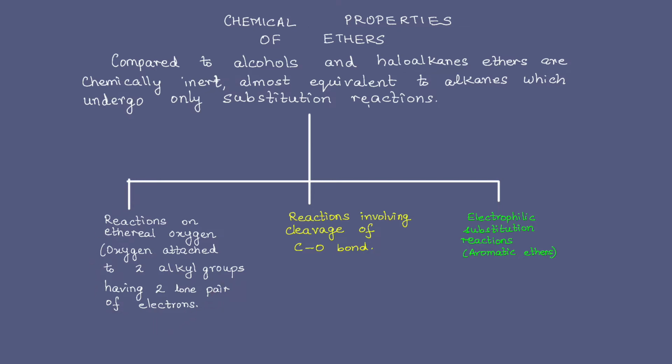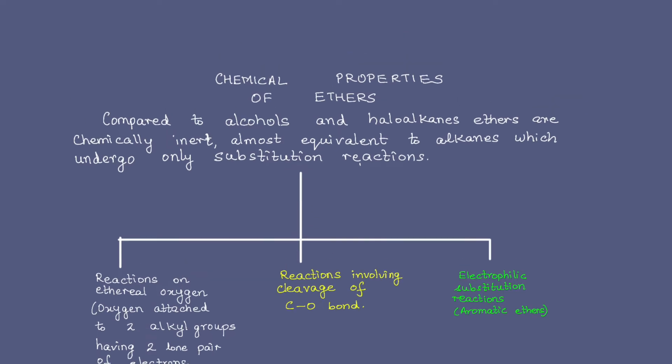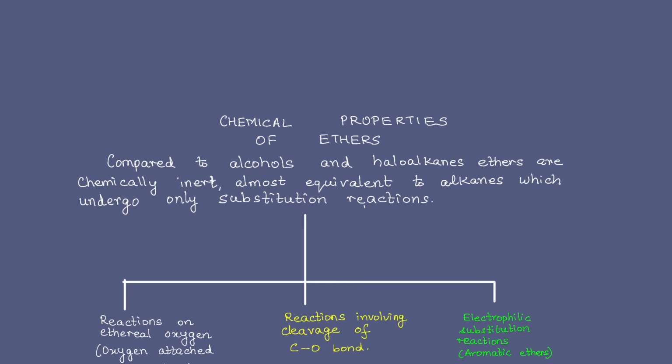Now, first of all, we need to understand that in the case of ethers, R-O-R, there are two alkyl groups on both sides of oxygen. And what is the nature of the alkyl groups? Yes, they are electron releasing. And my poor oxygen is already loaded with lone pair of electrons.